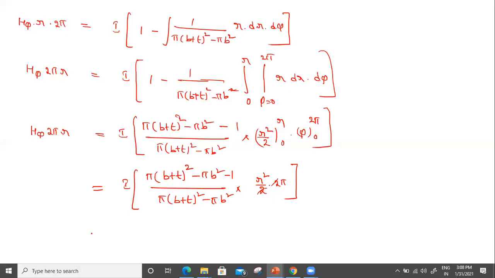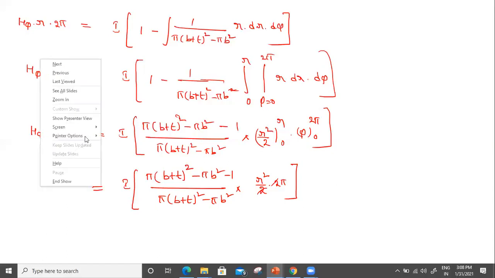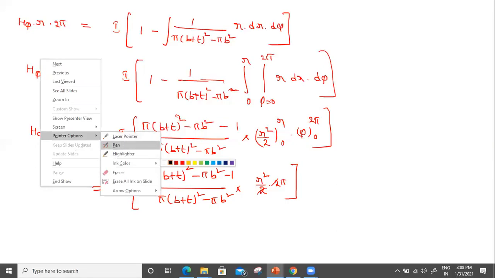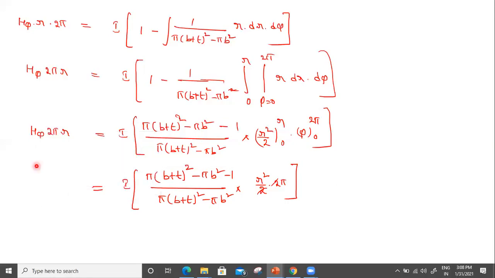Let me do that. But here also we may get H phi. So how to find out the total parameter: from this I can write H phi equals, 2 pi r will be taken to the right side.